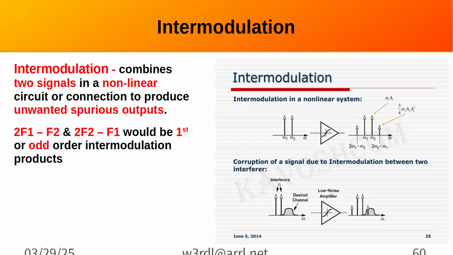The first odd order, which would be the third, is 2F1 minus F2 and 2F2 minus F1. And it turns out that those particular products wind up very close frequency-wise to your F1 and F2 signals, so they're kind of hard to filter out.